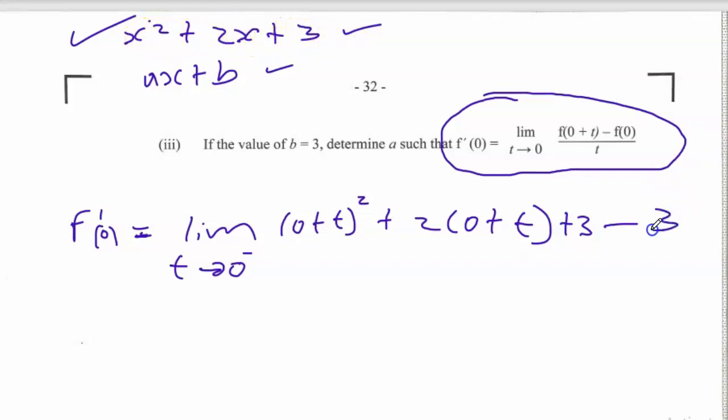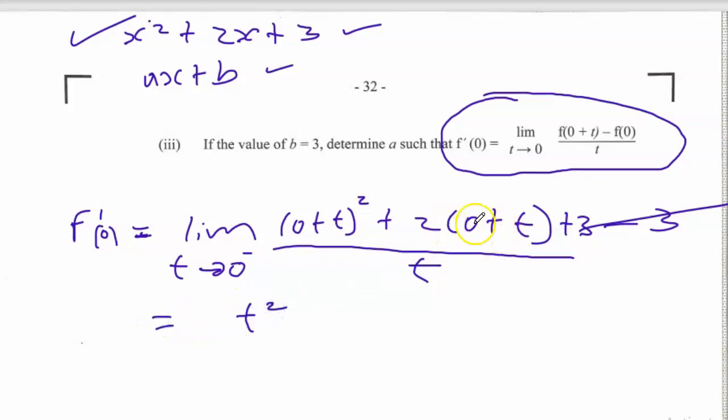So it's just 3 that we have here, which would cancel with that, all over t. Alright, so this will be t squared plus 2t divided by t, which should be equal to t plus 2.